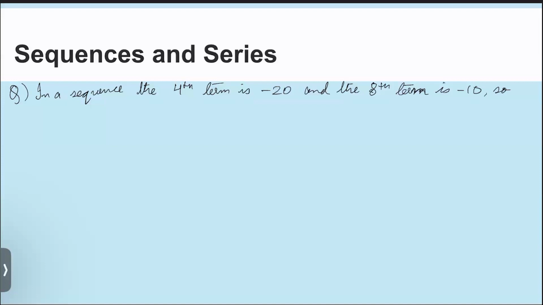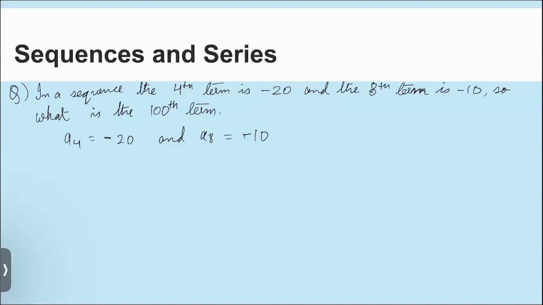So what is the 100th term? Okay, so now over here we can see that we have A4 is equal to minus 20, and A8 is equal to minus 10.